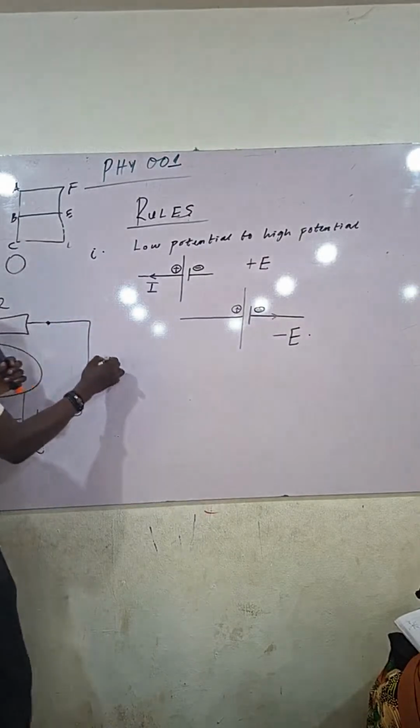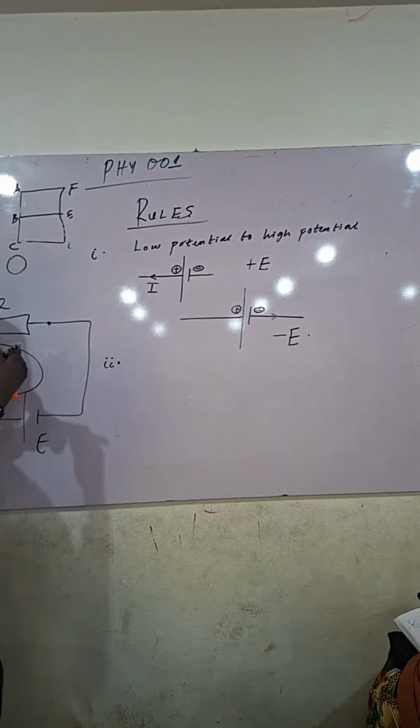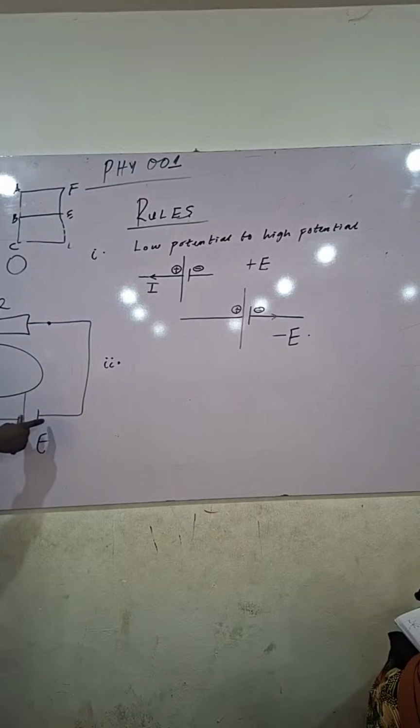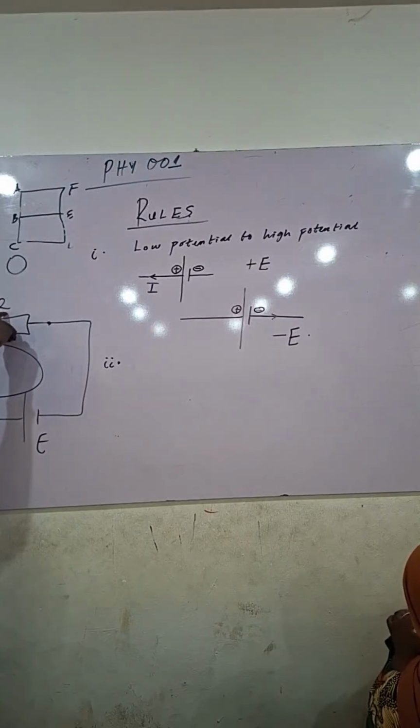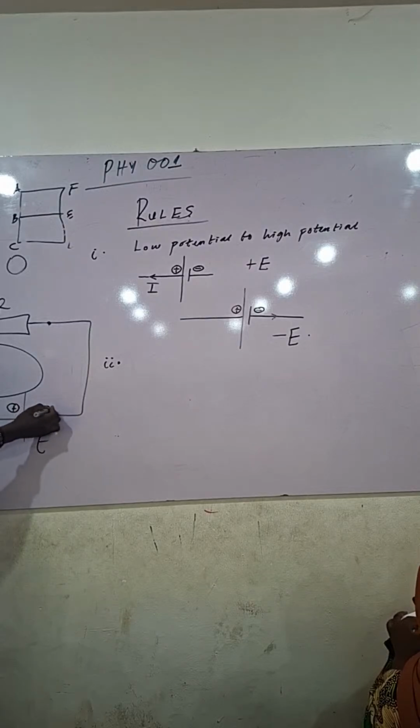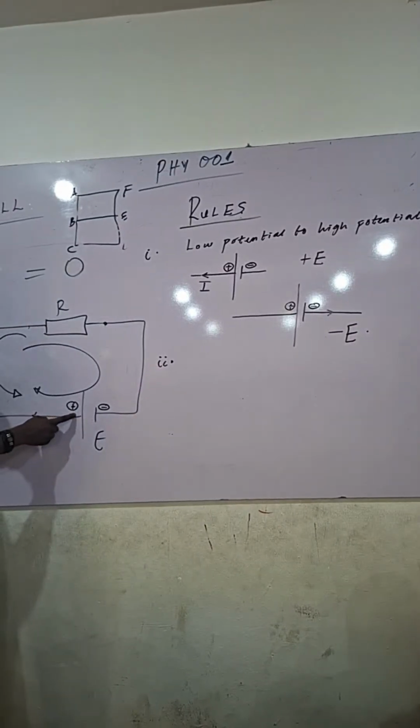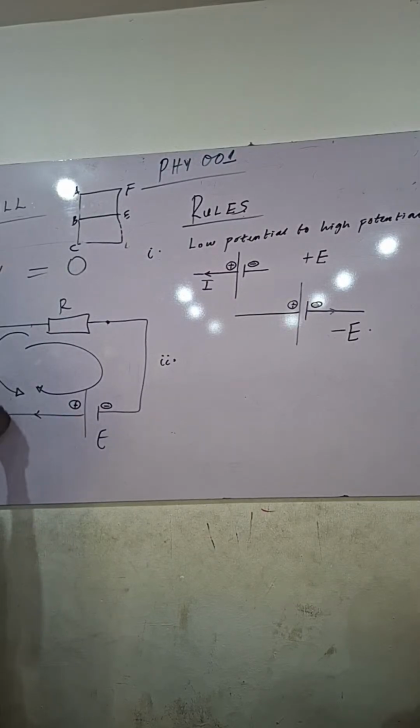Now, the second rule is that a resistor does not have positive or negative parts. It is the battery that will determine what this one will be. So if this is positive, then you are going this way.